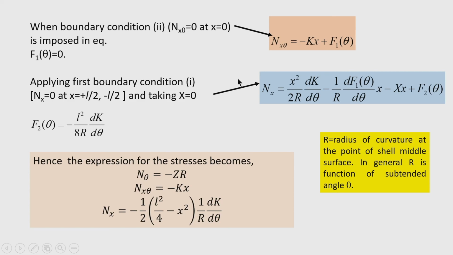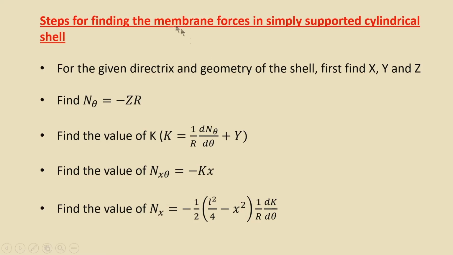Now, in the calculation of membrane stresses, some steps have to be followed. Systematic steps are given here for the given directrix and geometry of the shell. First, find x, y and z and also the expression for the radius of curvature, which is the most important, so that task has to be completed first. Given the load in any direction, we have to find the components of the load along the longitudinal direction, along the directrix and along the radial direction.